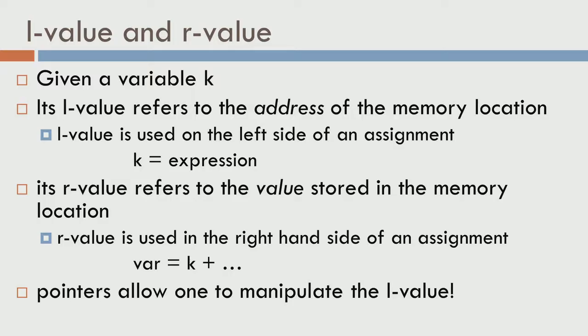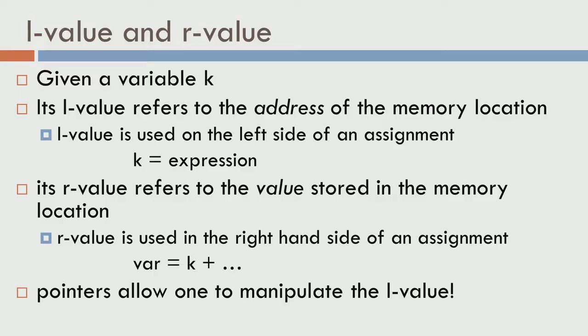So, to understand this, it may be useful to know this concept of what is called an L value and an R value. Let us say I am given a variable k, the L value refers to the address of the memory location. So, L value is used on the left side. So, whenever I say k, in turn it is actually a specific memory location, that is the L value, and the R value is the actual value that you are going to put in.